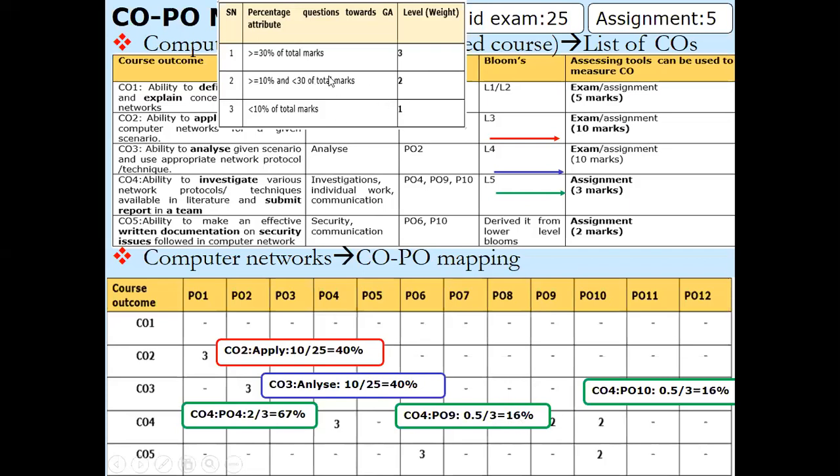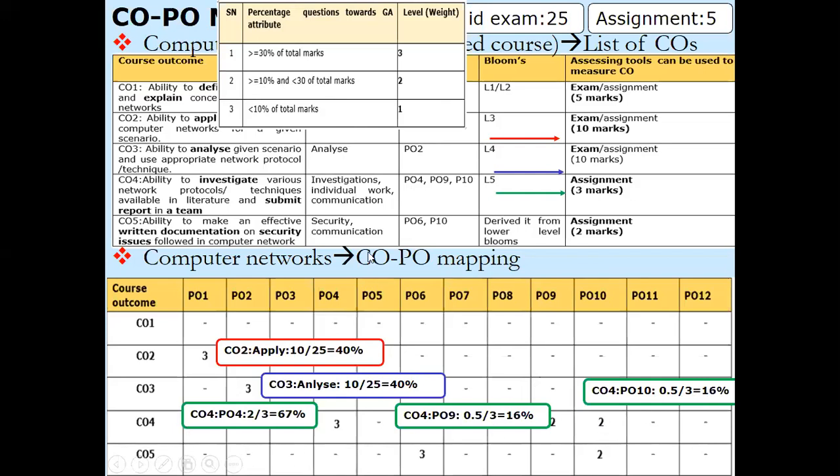So it is the second condition: more than 10% and less than 30% of the total marks gives 2. That is the reason we kept 2 here. Then 0.5 marks is allocated to PO10. 0.5 divided by 3 is 16%, once again more than 10% and less than 30%, so it comes under weightage 2.